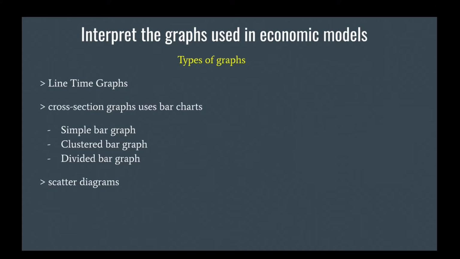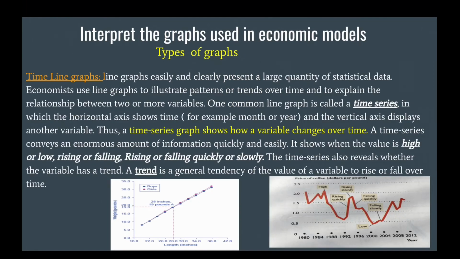You can also see the different types of bar charts used for cross-section data. One is the simple bar graph, another is the clustered or grouped bar graph, and the next is the segmented or divided bar graph. Let's see each one of them in detail.